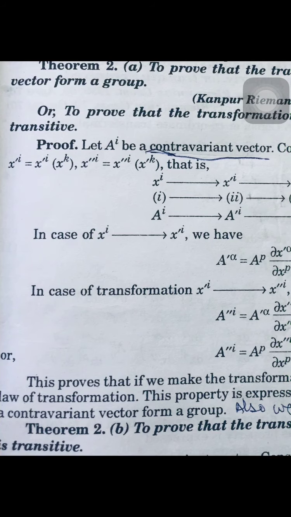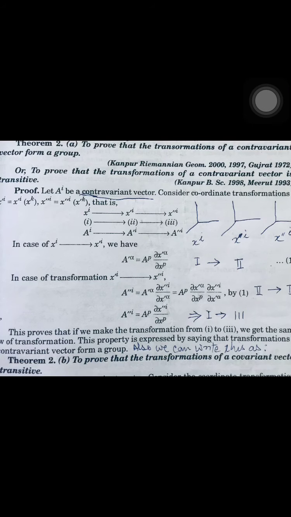So in place of group property, it may also be asked that the vector follows the transitive property. By this formulation you can prove both the group and the transitive property.